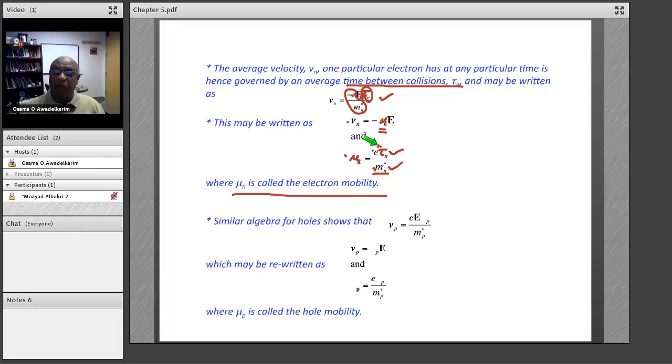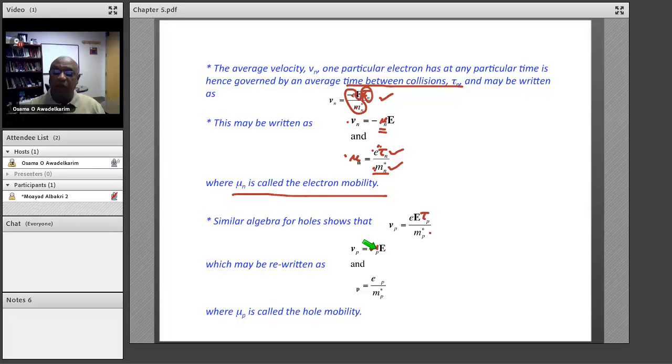Similar algebra is applied for holes, okay? For holes you get tau p, which is the average time between collisions for holes. And again, you have the effective mass for holes. And again, you have the velocity of holes related to the mobility, mu p, for holes.